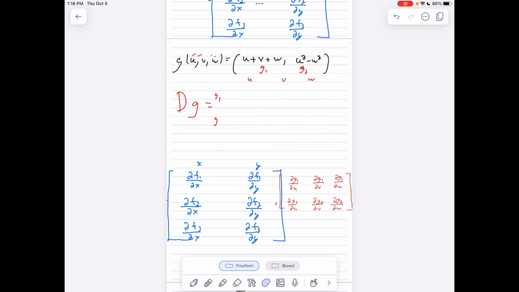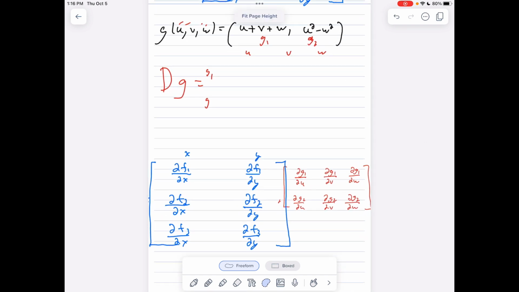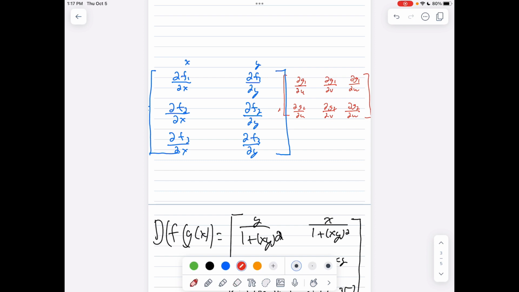Yes, this will fit here. Okay, all right. Sorry, I ran out of space there. But anyways, that's what Df and Dg would be here. And your answer would just be this product.